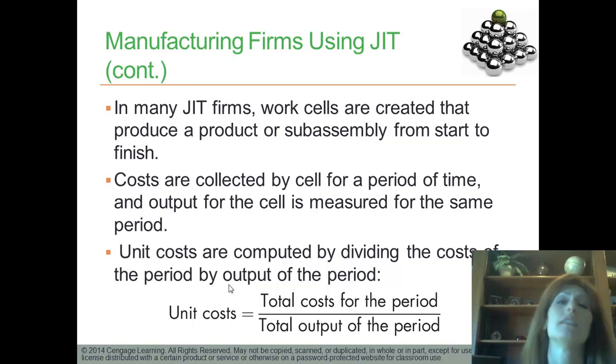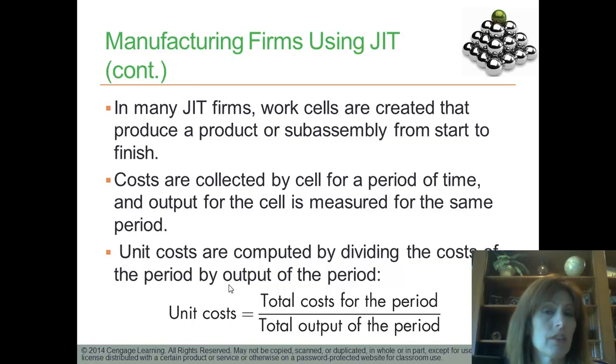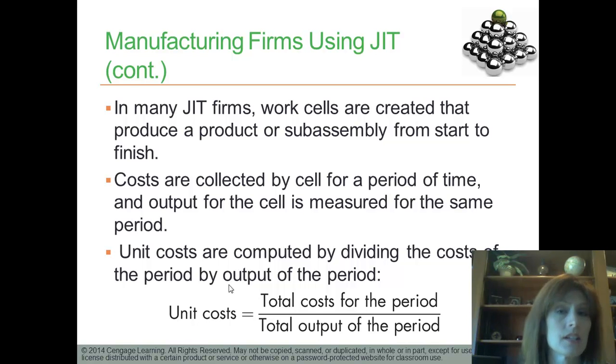Remember back in the job order costing chapter, I told you the easiest way to tell if we're approaching something that should have job order costing versus process costing. With job order, if we take the total cost and divide by the number of units, that unit cost doesn't make sense. Remember I used the example of having built 10 custom homes.